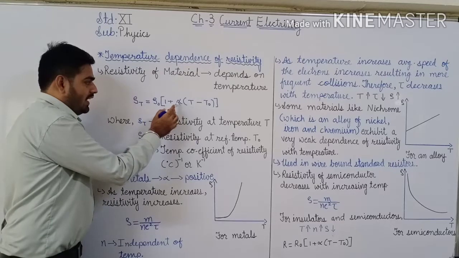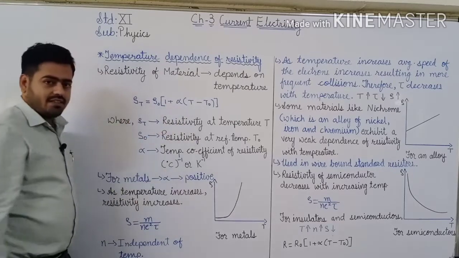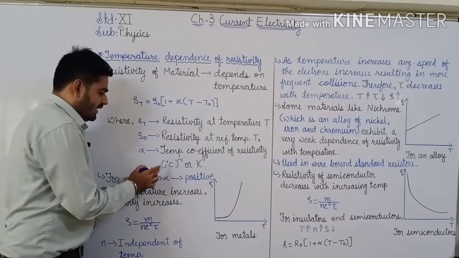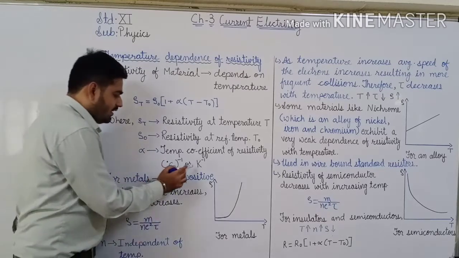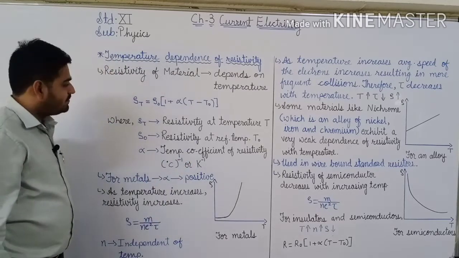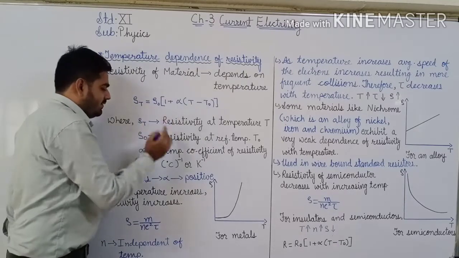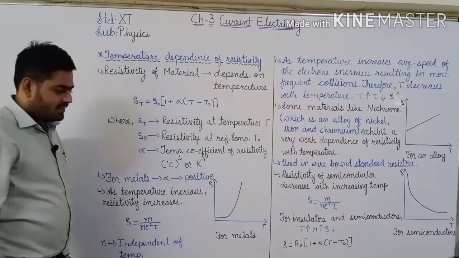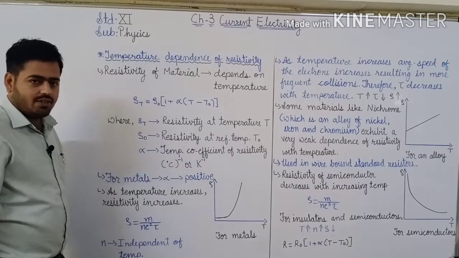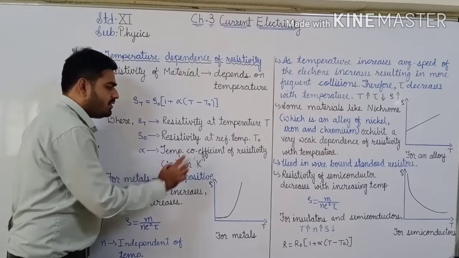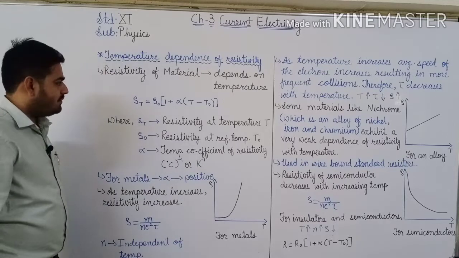So alpha is the reciprocal of temperature. So the unit of alpha is degree Celsius inverse or Kelvin inverse. Alpha is called the temperature coefficient of resistivity.